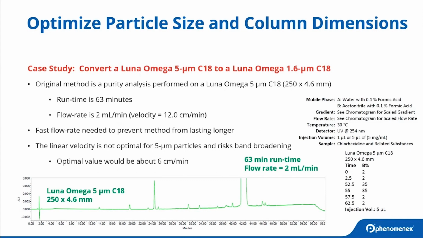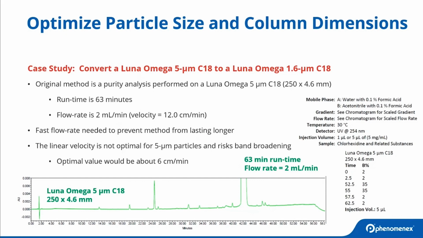So here's the method with which we're beginning. It's not an ideal method, but it got the job done. I'm sure many of you can empathize with that sentiment. We've all been there. So in this original method, it's 63 minutes long, and we are using a 250 by 4.6 millimeter column packed with 5 micron particles.